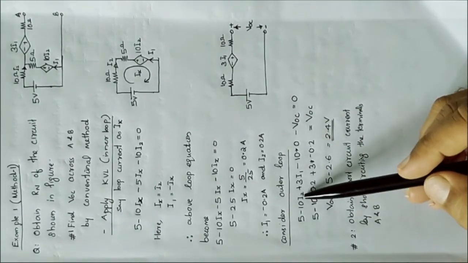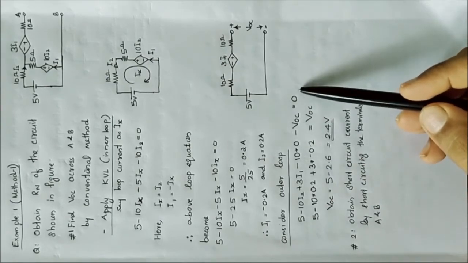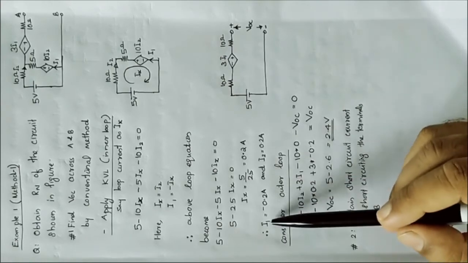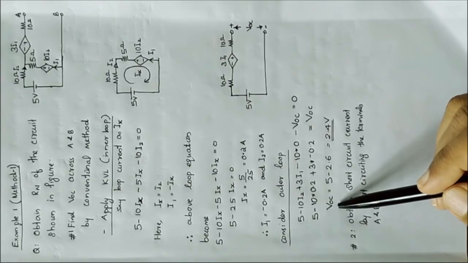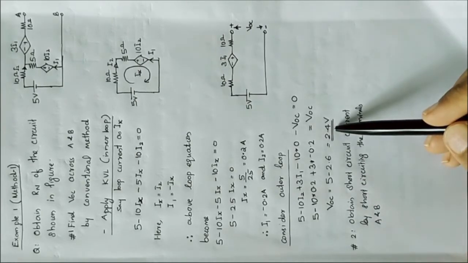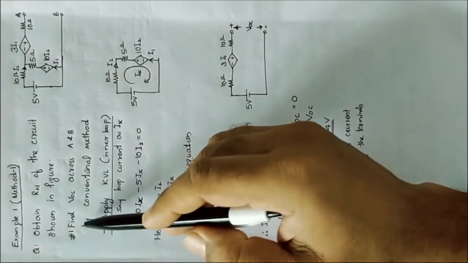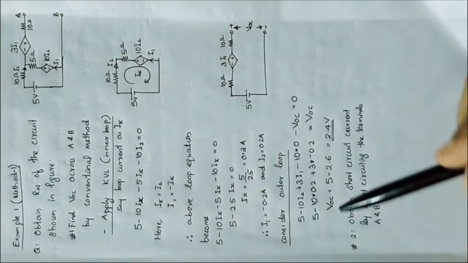That is, 5 minus 10 I2 plus 3 I1 minus 10 into 0 minus VOC is equal to 0. Substituting the values of I1 and I2, we obtain VOC as 2.4 volt. Now we have the first step, VOC across A and B by a conventional method.